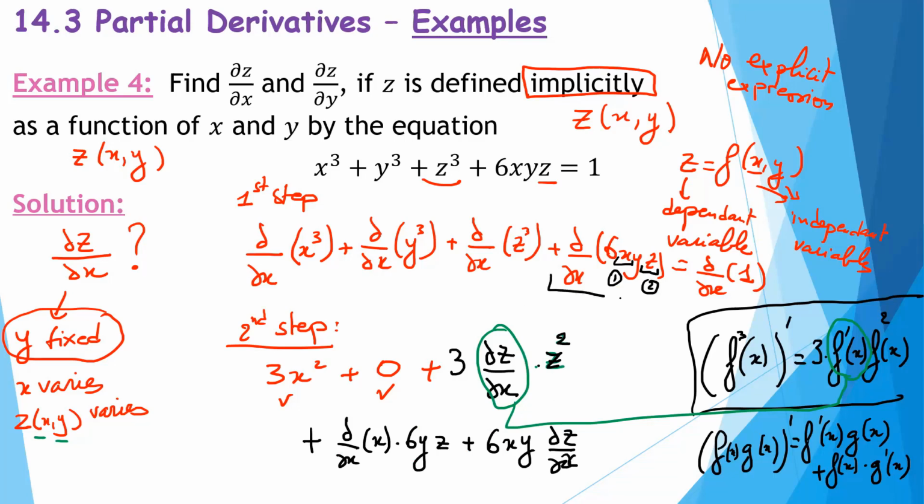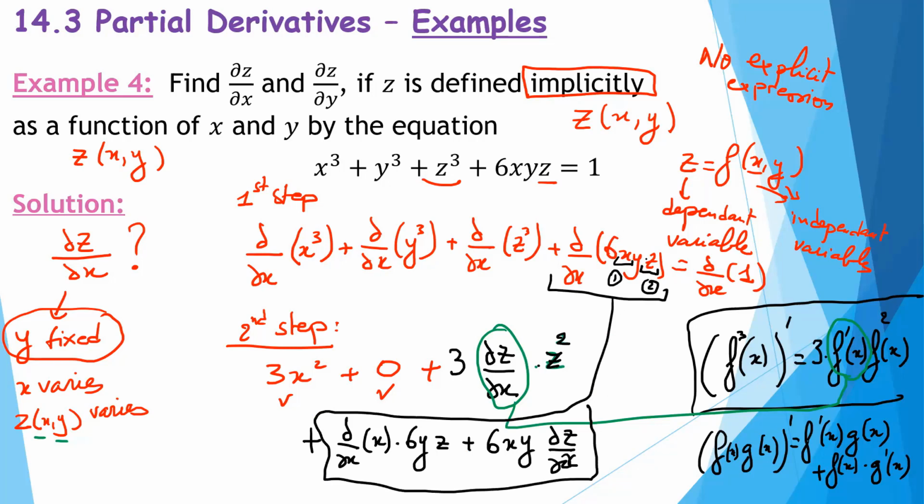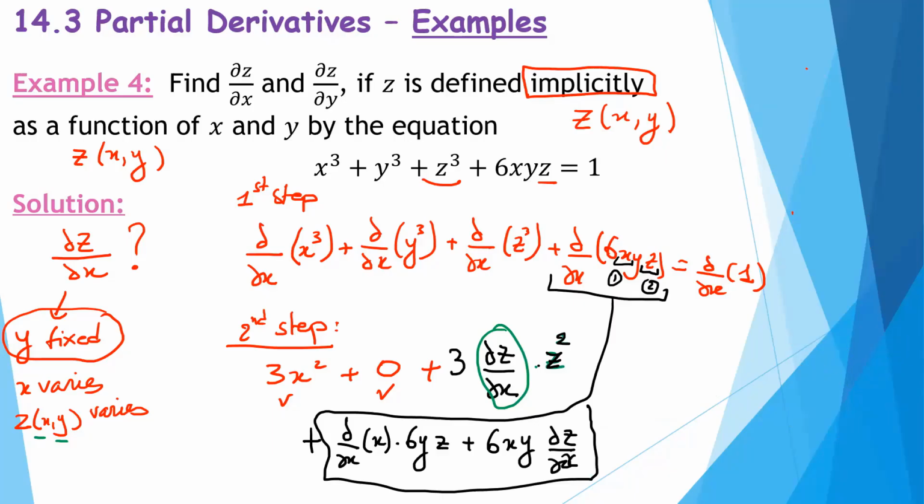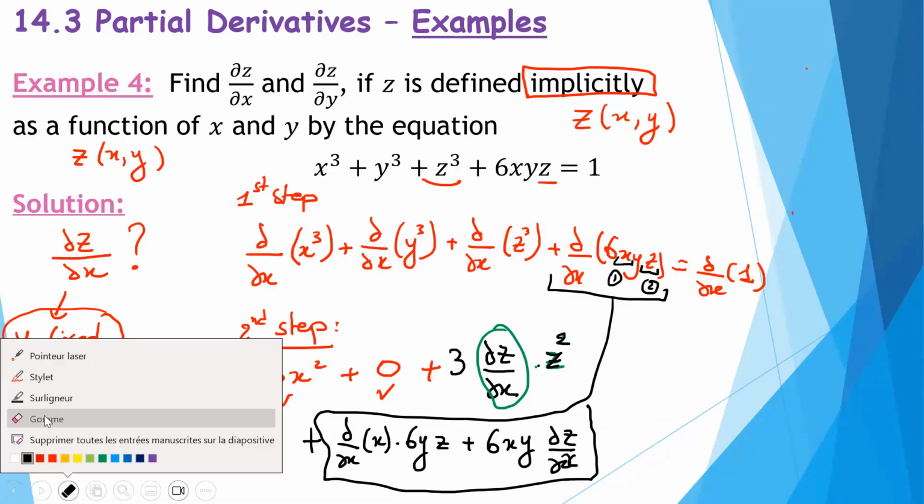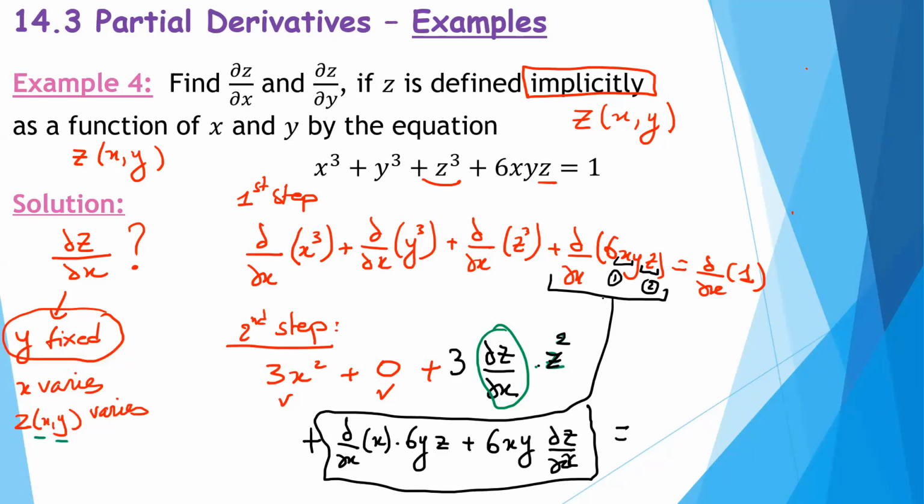And then for this term, we have the product of two functions of x, so we use the derivative of the product. So we simplify this expression. We didn't finish here after the equals.